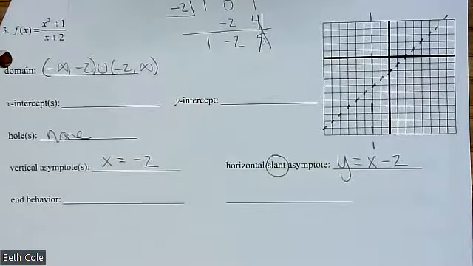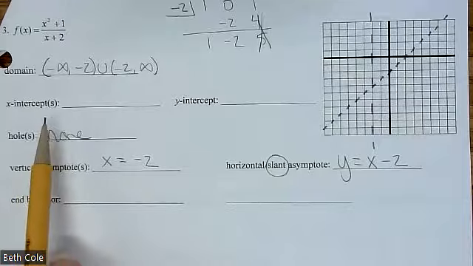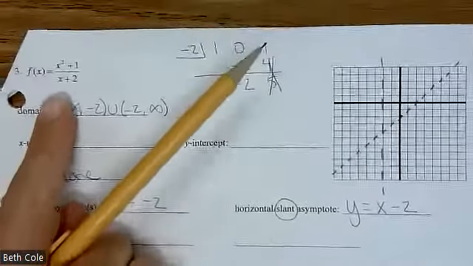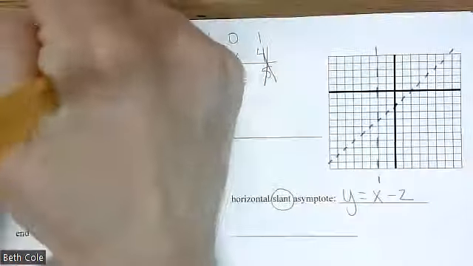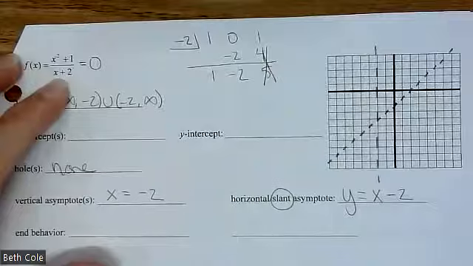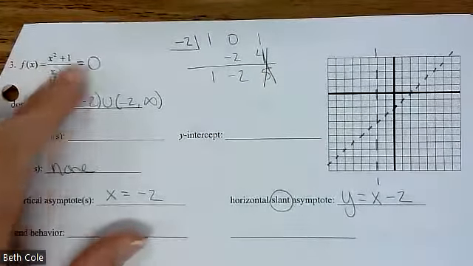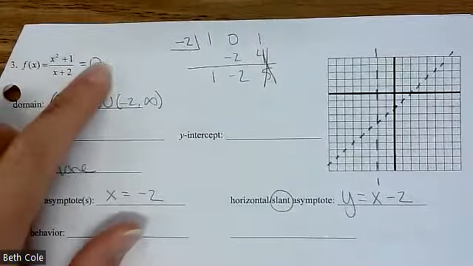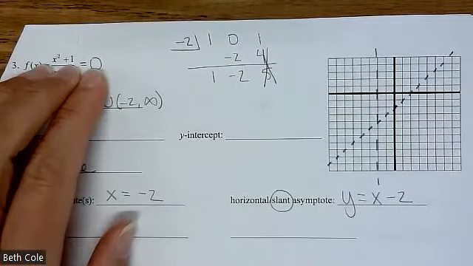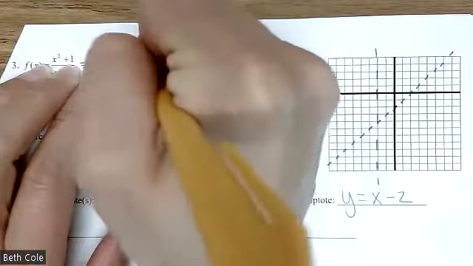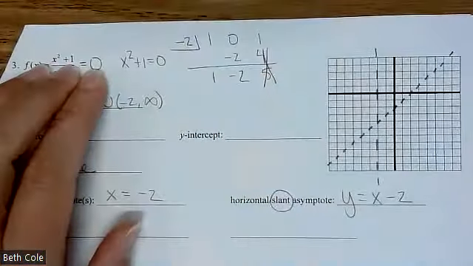All right, now we need to go and get some points to plot. So let's do the intercepts. X-intercept, you would set this equal to 0. How would you start solving that? But what's that going to be? 0. So it's really just x squared plus 1 equals 0. And what would you do to start solving that?